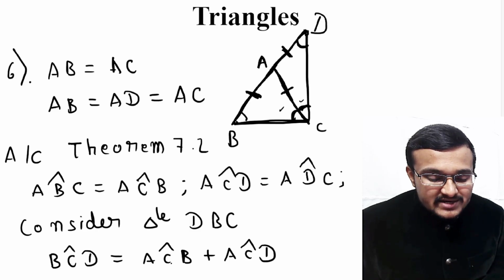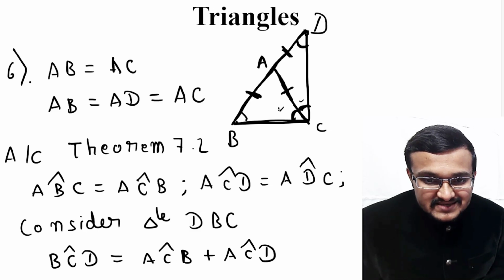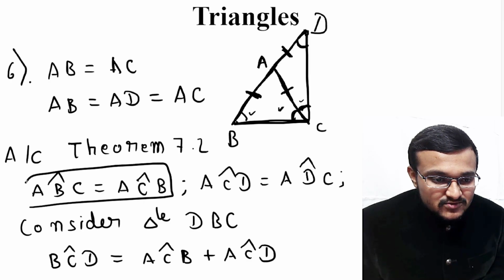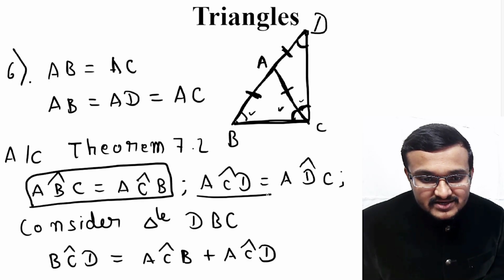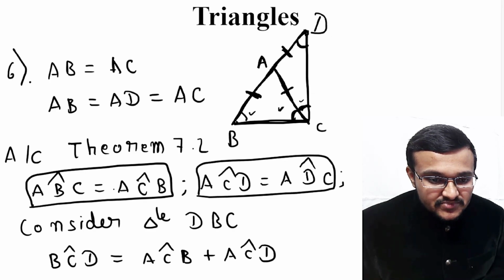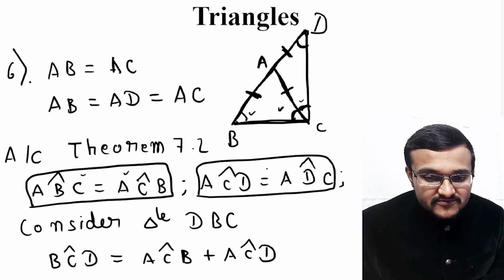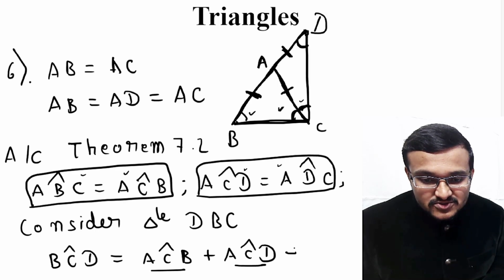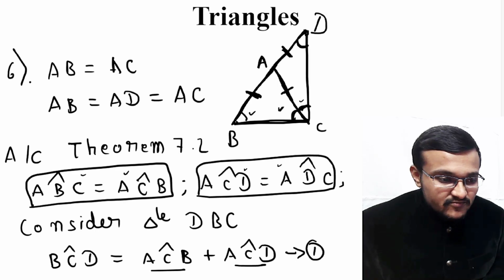So now what is ACB? ACB is equal to ABC. Angle ABC is equal to angle ACB, and we have also written angle ACD is equal to angle ADC. So in the place of ACB you can write ABC, and in the place of ACD you can write ADC in this particular equation. Let's call this equation 1.